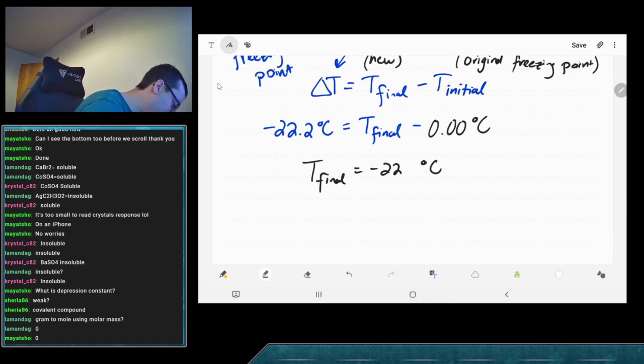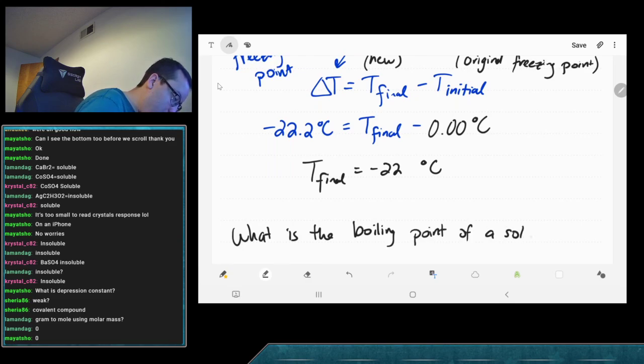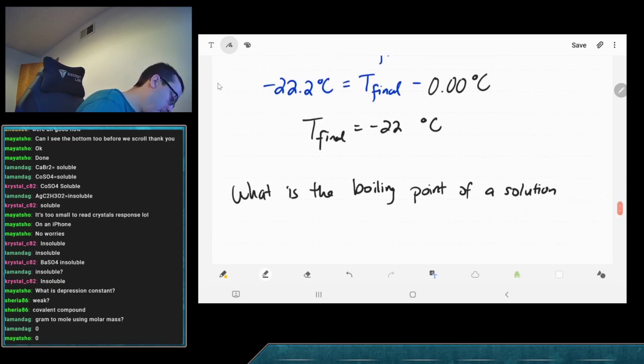In the meantime, let's give it a little bit more sig figs.